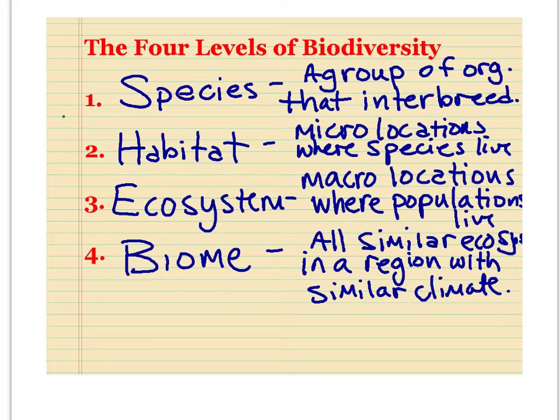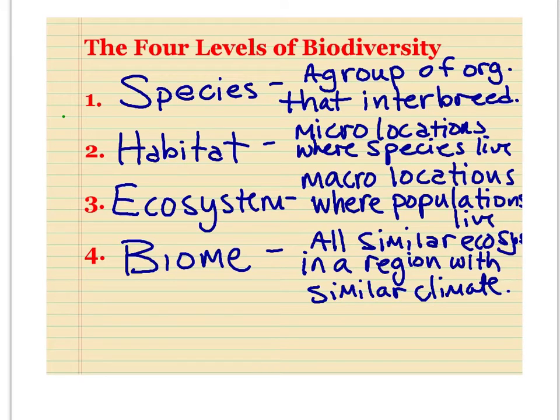So this is a lot bigger, and this is where populations of many organisms of the same species, not just a pack of wolves, but entire wolf populations in that ecosystem, live. Just think an ecosystem is habitat multiplied by 1,000 or 1,000,000.